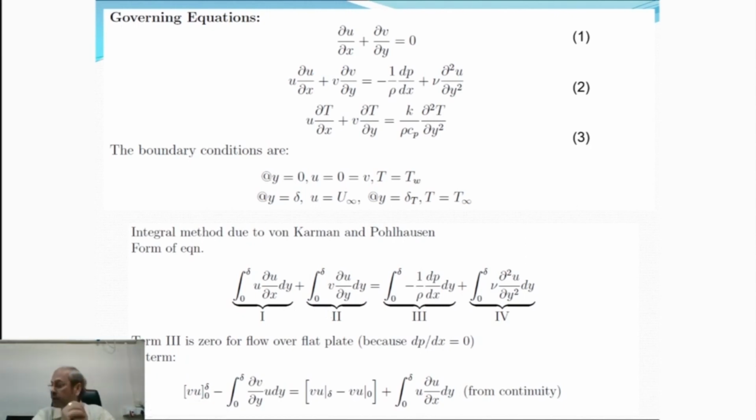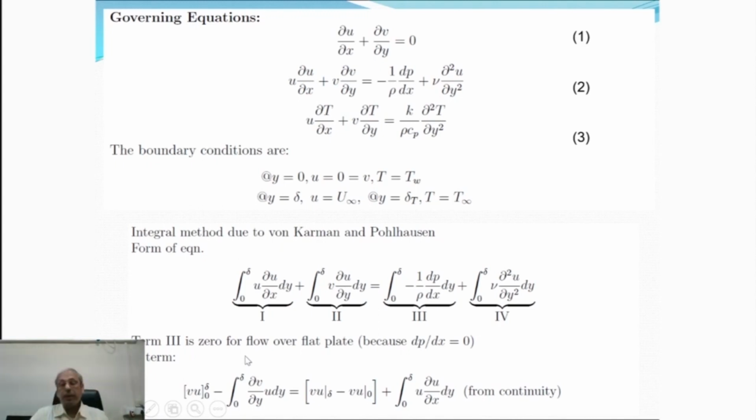So this we can integrate by applying integration by parts. First function into integration of the second function, then we apply the limit, minus the derivative of the first function into integration of the second function, then the entire thing integrated between 0 to delta.